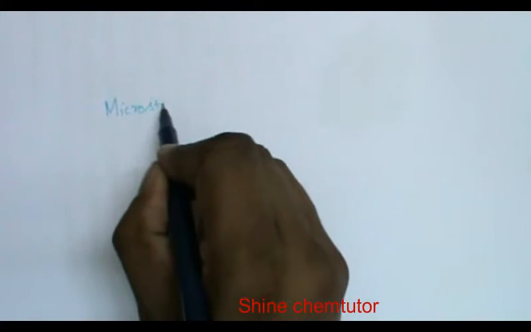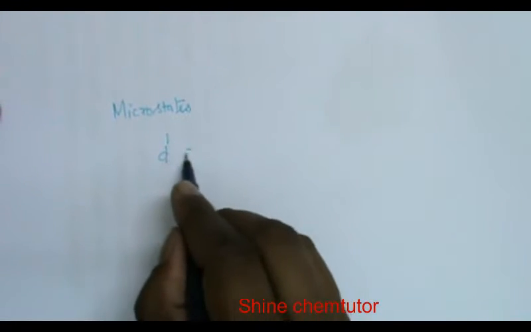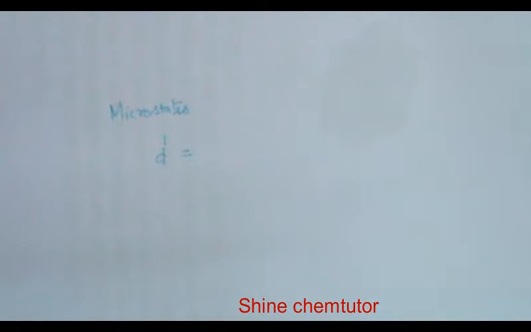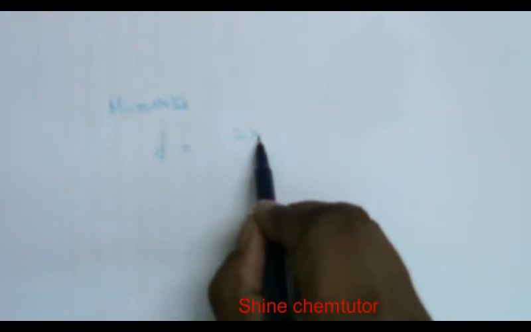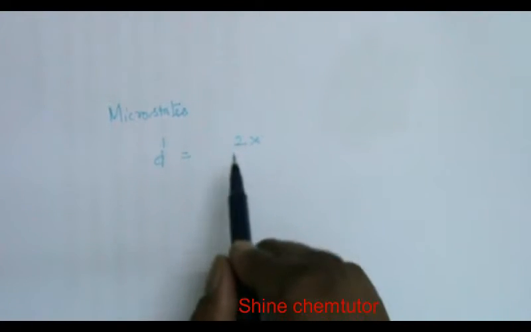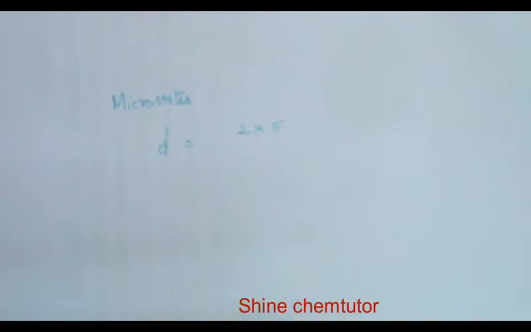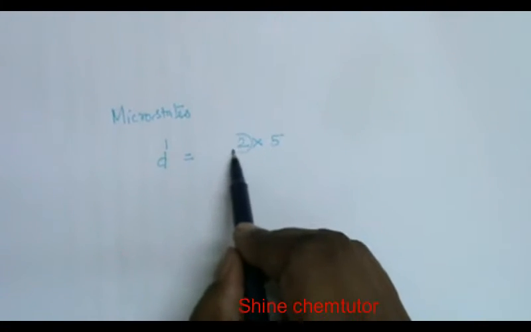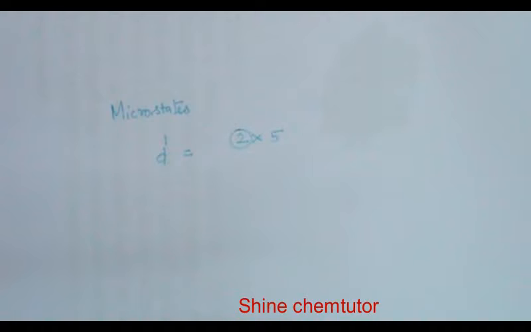You may be very familiar with calculation of microstates. Consider D1 system. We calculate the total number of microstates based on this calculation. 2 multiplied by 5. 2 refers to the number of electrons that can be accommodated in one suborbital.